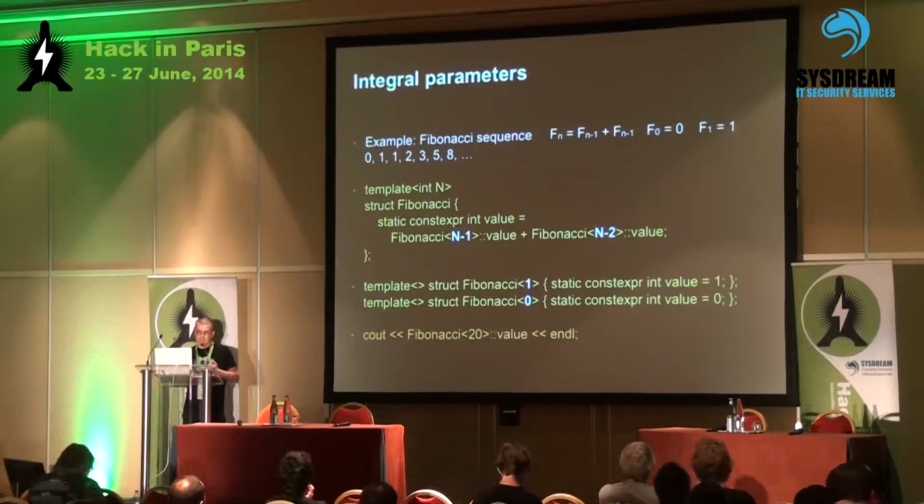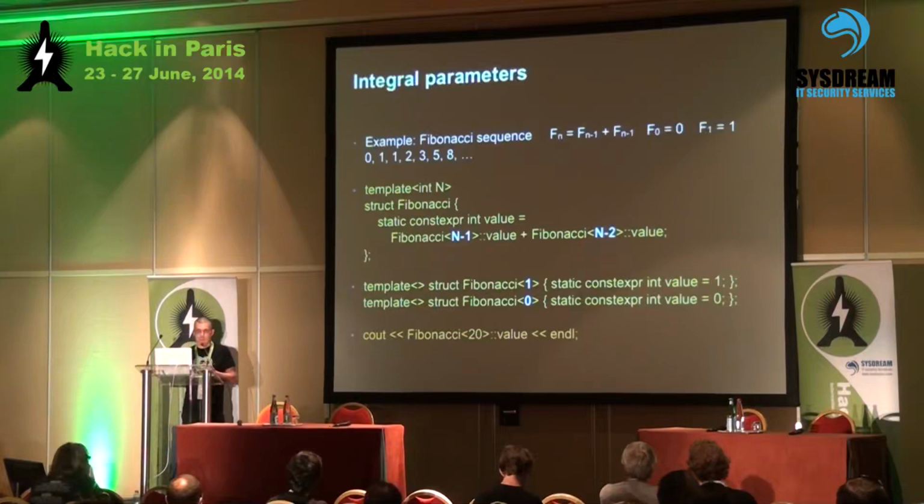And this way, when I instantiate, for example, Fibonacci for 20, it will iterate. It's not an iteration, it's a recursion. It will recurse and instantiate templates for the different values, and it will stop with values 1 and 0.